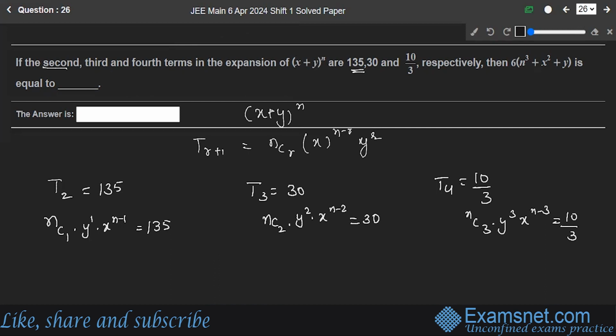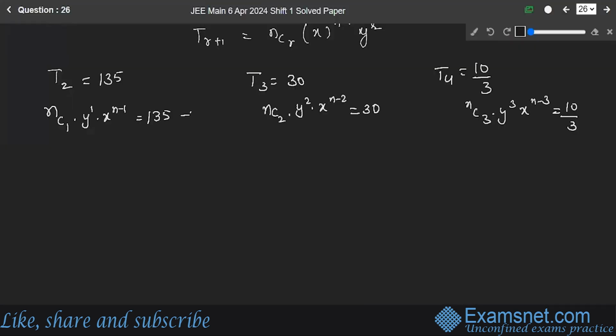Right, so let's say this is equation 1, this is equation 2, and this is equation 3. So divide 1 by 2. This will be 135 upon 30 is equal to x upon y. Or let's write it first.